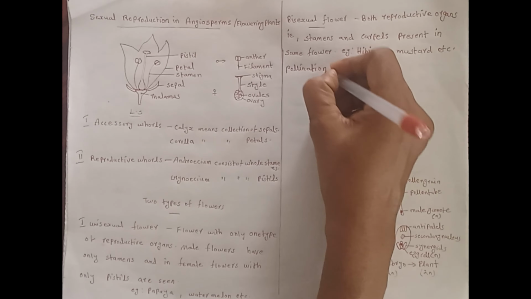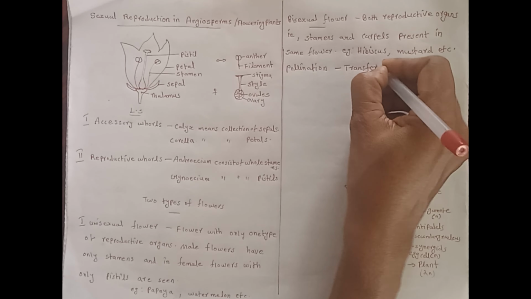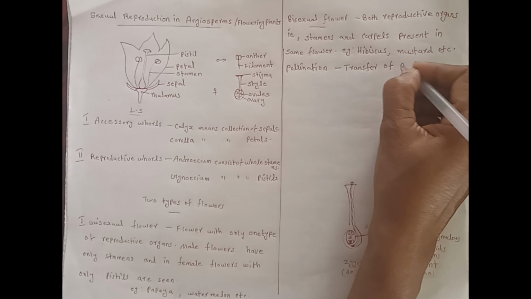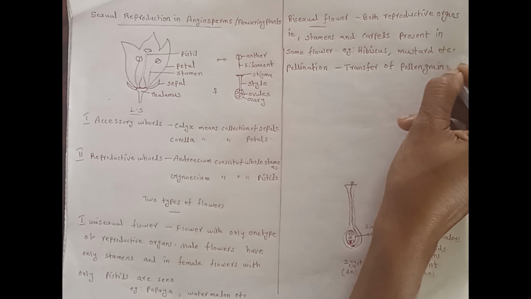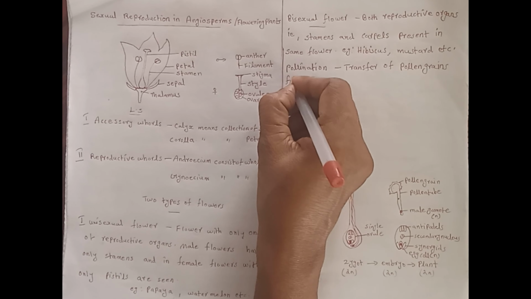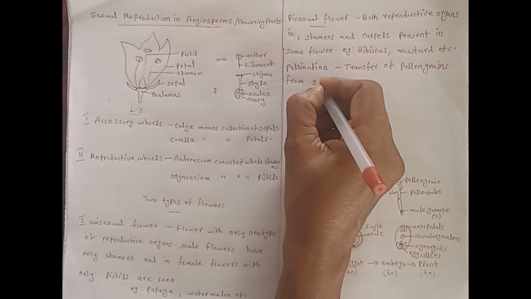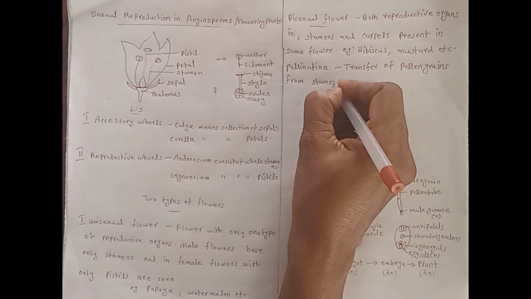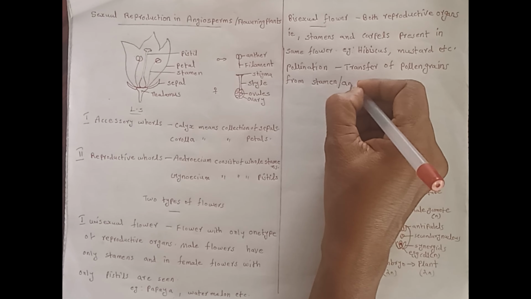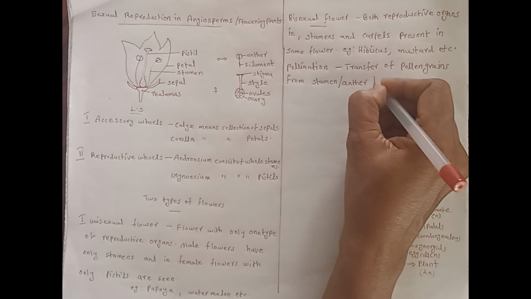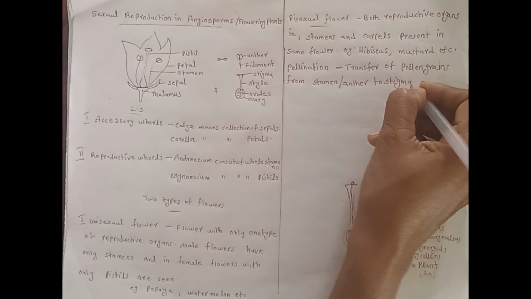Pollination means transfer of pollen grains from stamen, that means anther, to stigma of a flower.